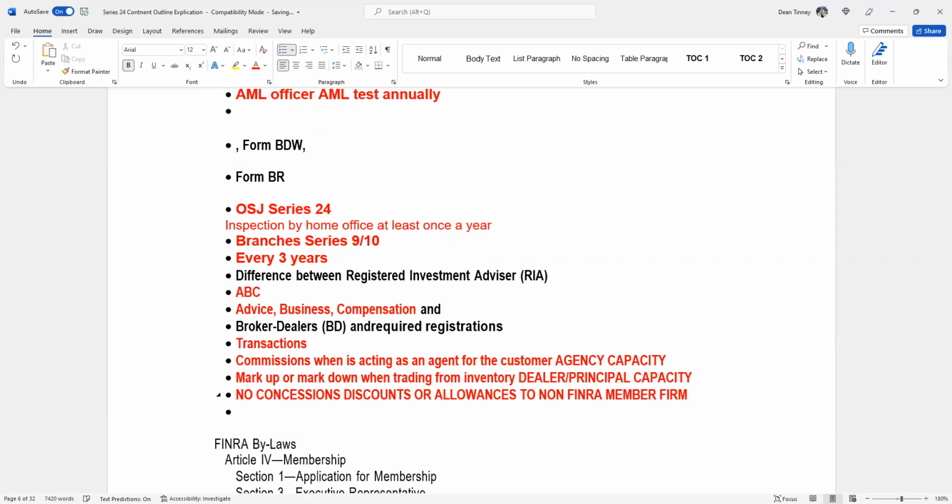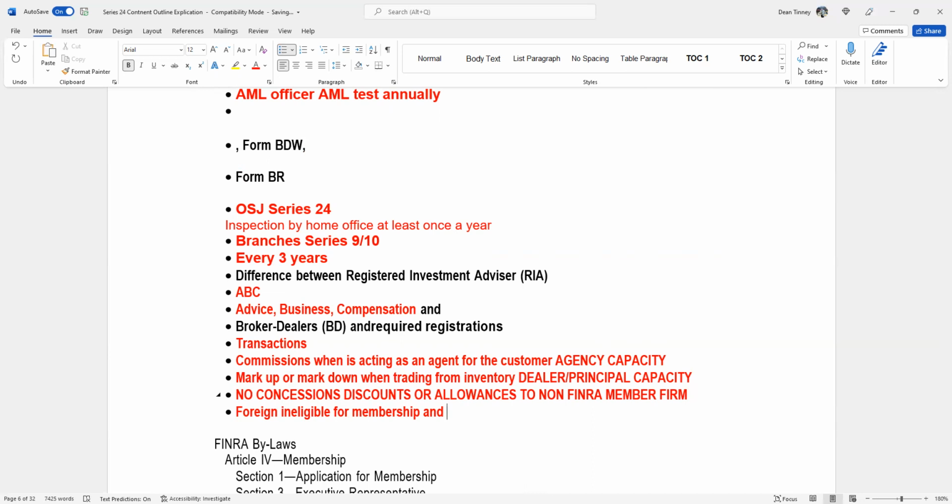Now, there's two exceptions to that. The first exception would be a foreign firm ineligible for membership. And you know what that means? If you're eligible for membership, we still can't give you concessions, discounts, and allowances.